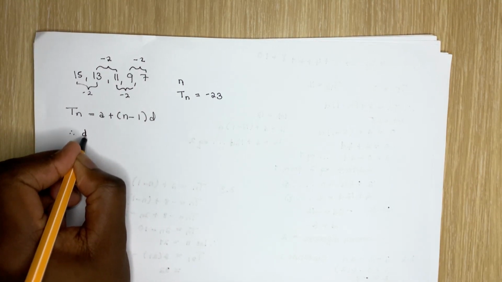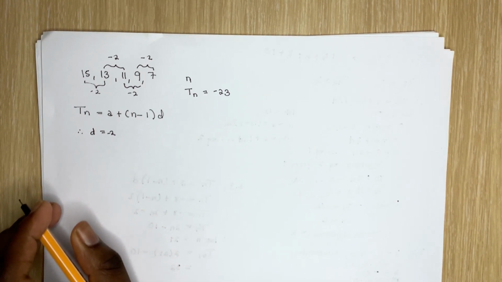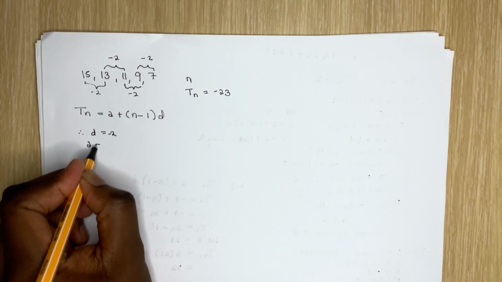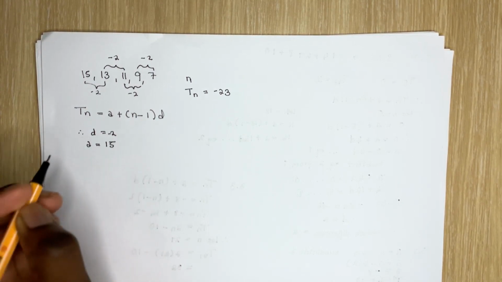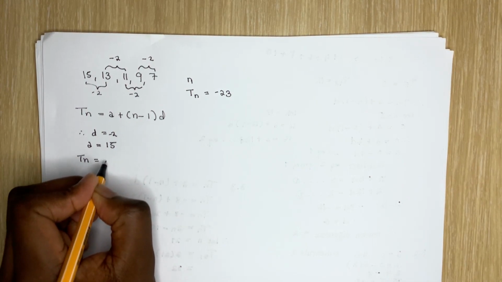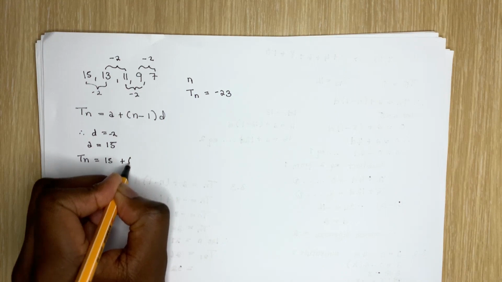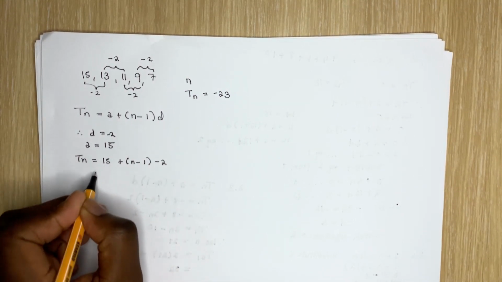Therefore, we know that the common difference d equals negative 2. Okay, and a is the first term of the sequence, and the first term in this sequence is 15. Okay, so the general term for the sequence will be 15 plus n minus 1 times negative 2.